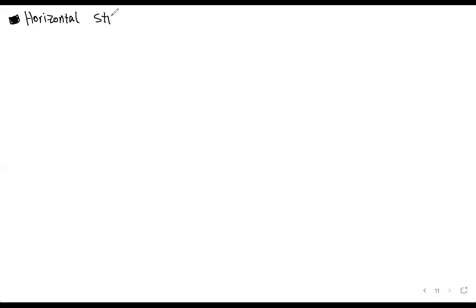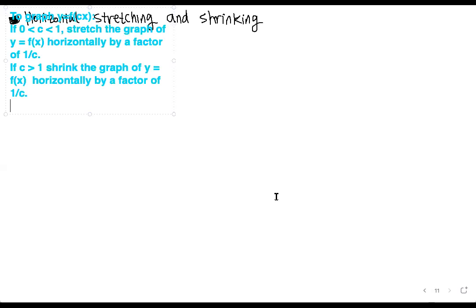again, stretching and shrinking. Again, I'm going to give you the property. The property says this.